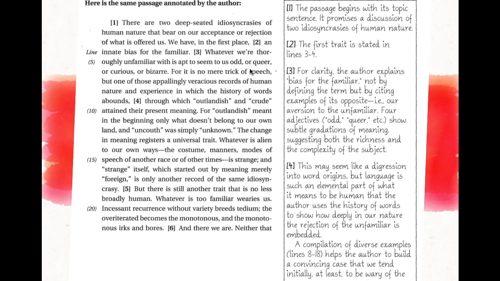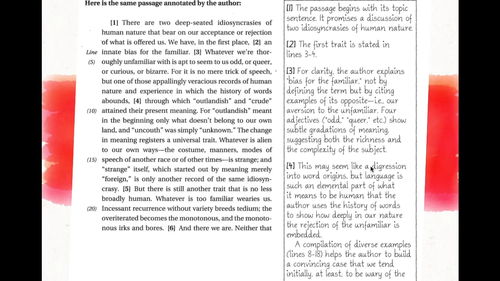"Whatever we're not thoroughly unfamiliar with is apt to seem to us odd or queer or curious or bizarre, for it is no mere trick of speech, but one of those appallingly veracious records of human nature and experience in which the history of words abounds, through which outlandish and crude attain their present meaning."